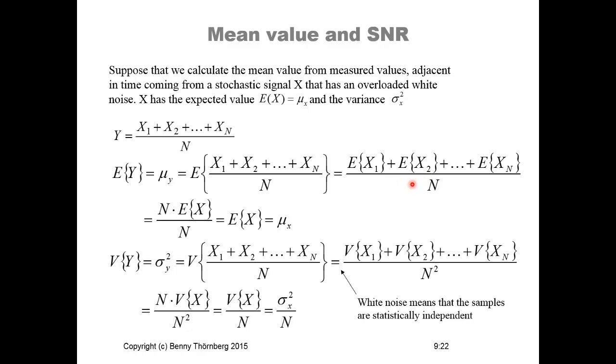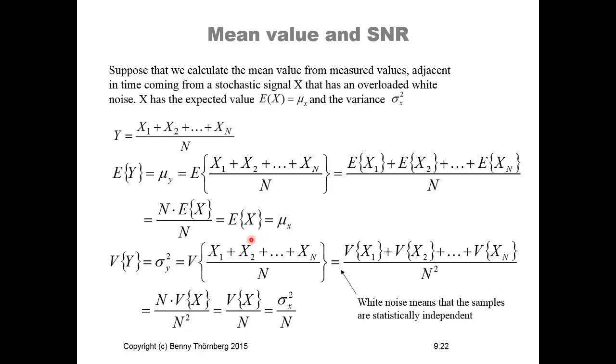So we have n times the expected value of x, because we can be sure that the expected value for x1, x2 and xn will all be the same as the expected value for x. Then we have n times the expected value for x divided by n, which will be the expected value for x, equal to mu x. So what we have concluded here is that the expected value for the new variable y will be equal to the expected value of the variable x.